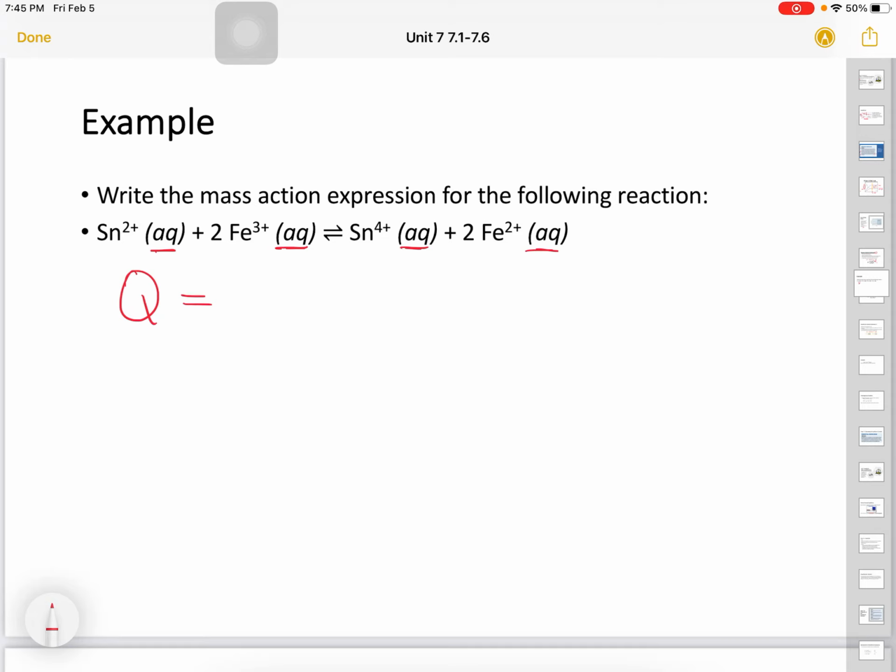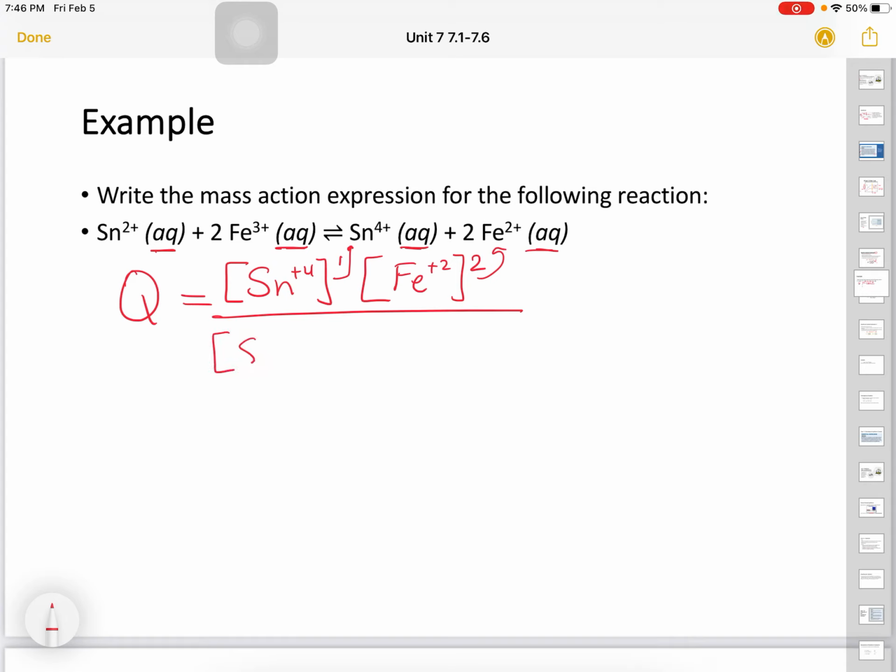Q is equal to products over reactants, raised to whatever their coefficient is. So the concentration of tin positive 4 would be raised to the first power because its coefficient is 1, times the concentration of iron positive 2 raised to the second power. There's my products.